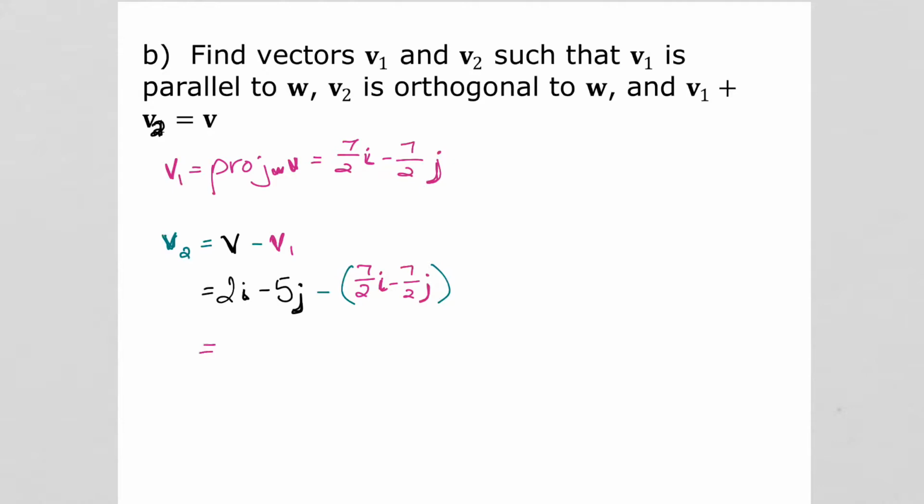Okay? So 2 minus 7/2, you can either get a common denominator and subtract, or you can put it in your calculator and change it back to a fraction, is negative 3/2 i. And negative 5 minus negative, so plus, negative 5 plus 7/2 j, negative 5 plus 7/2 is also negative 3/2.